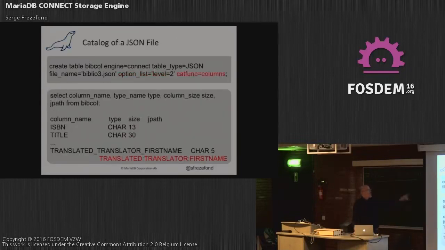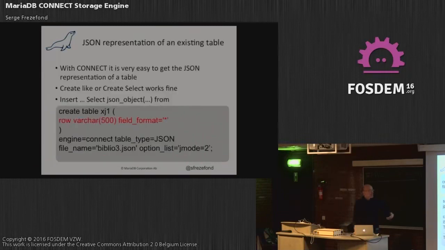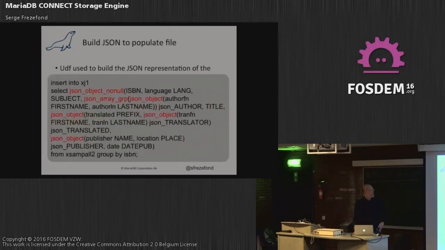You can even build a catalog on this JSON file, and then you can query this catalog and have the detail of the data structure of your JSON file. It can be useful if you get a JSON file and you don't know the structure: you get the catalog, and then you build the table. This is one way, but you can do it the other way too. You have existing relational data, you want to build a JSON file, you can do it.